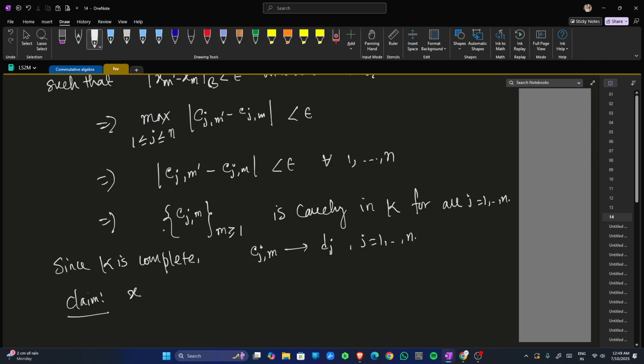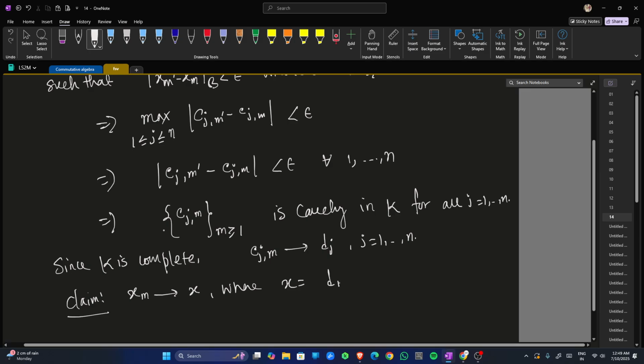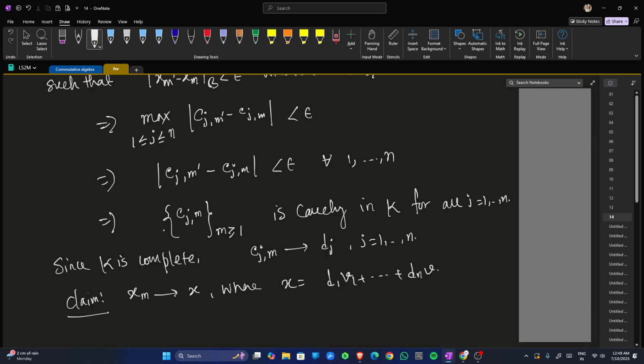Claim: xm converges to x, where x equals d1 v1 plus dot dot dot plus dn vn.